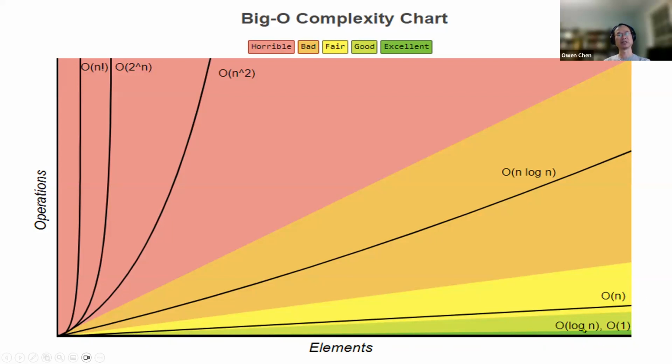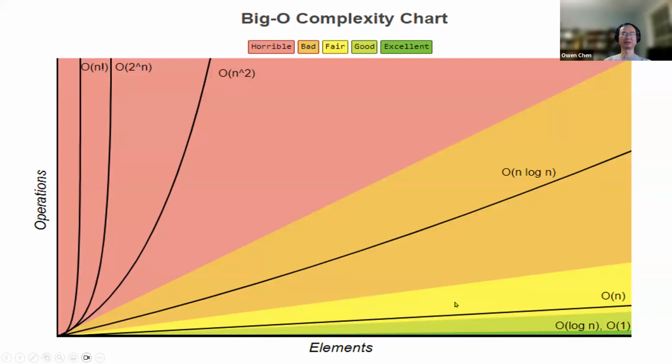Those below that are O(1) and O(log n), so they are more efficient than linear, much better than the linear one.